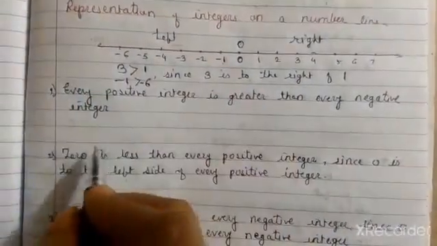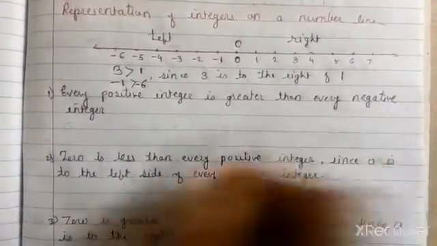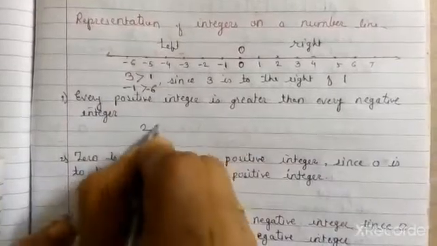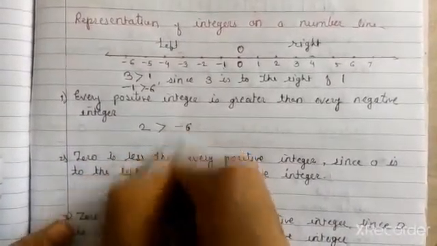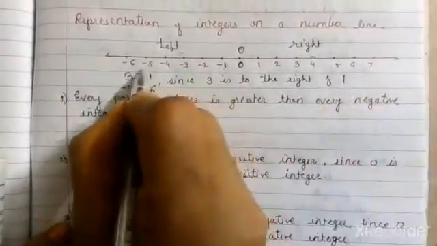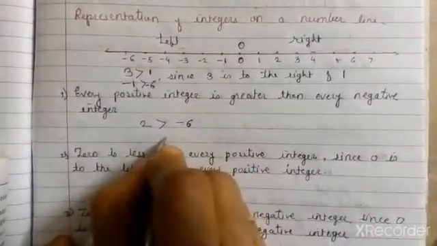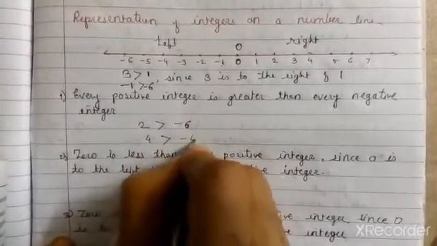From this we can say that every positive integer is greater than every negative integer. I am taking 2 as a positive integer. It is always greater than -6 because it is to the right of my negative integers. Also, 4 is greater than -4.